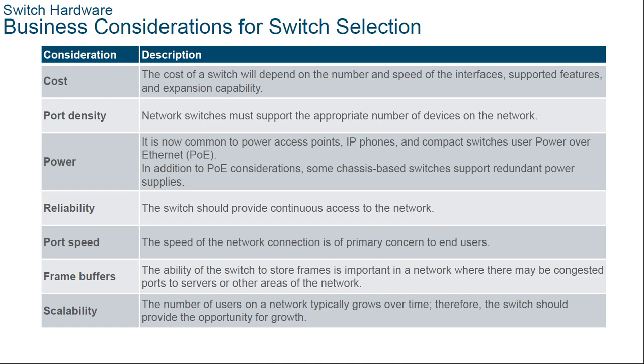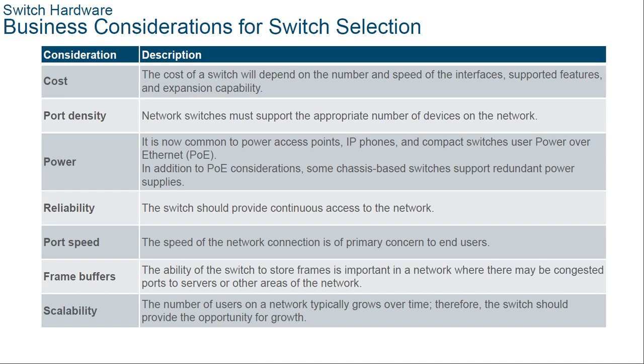In addition, if you choose a PoE support switch, you need to consider also the redundant power supply, because if you don't continuously provide power to that switch, then other devices that require PoE will not be available as well.